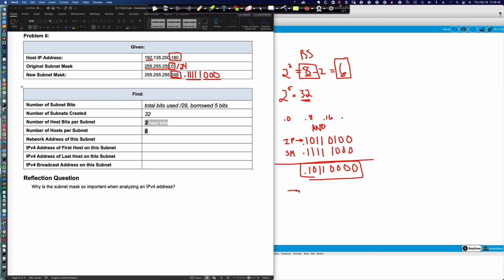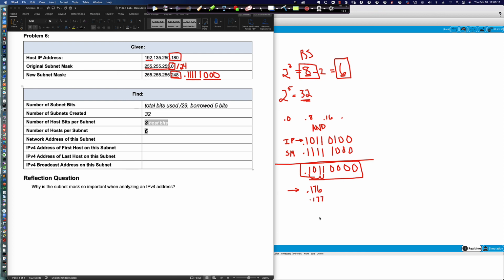In decimal would be what? 128 plus 32 is 160, plus 16 is 176. Did I say that right? Yeah, 32, 160, and 16 is 176. Now remember, you can have a total of 6 usable IPs, which means our first IP is 177.